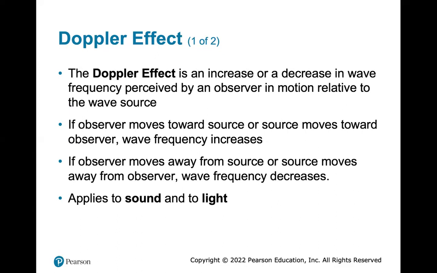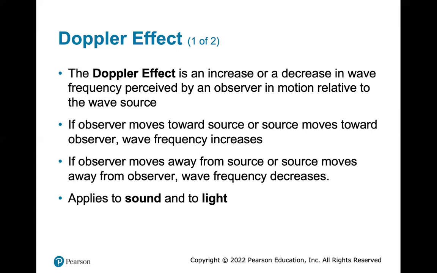Or if you're stationary and the horn is moving, you get the effect. So if the observer moves toward the source or the source moves toward the observer, wave frequency increases. If the observer moves away from the source or the source moves away from the observer, wave frequency decreases. It applies to sound and to light.